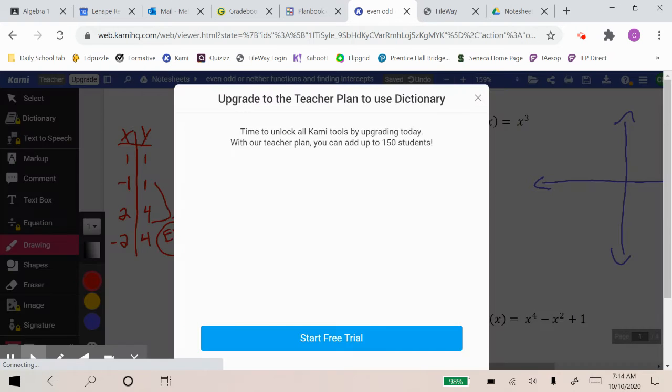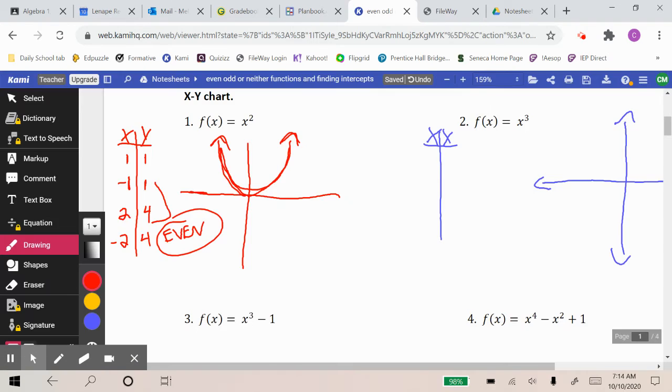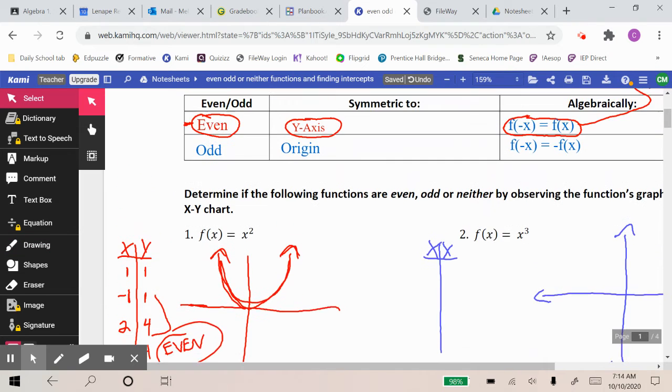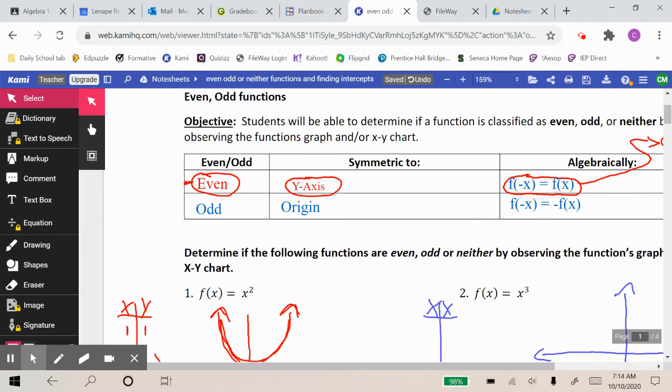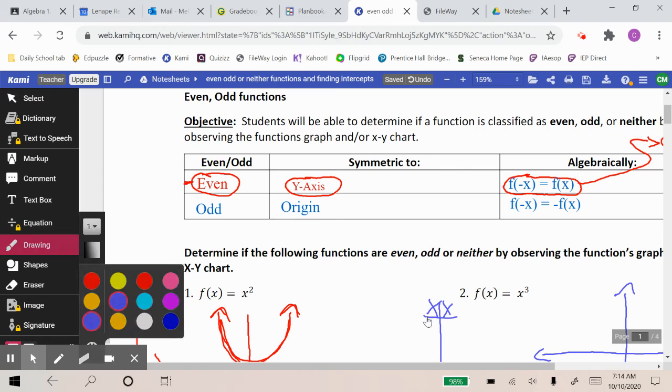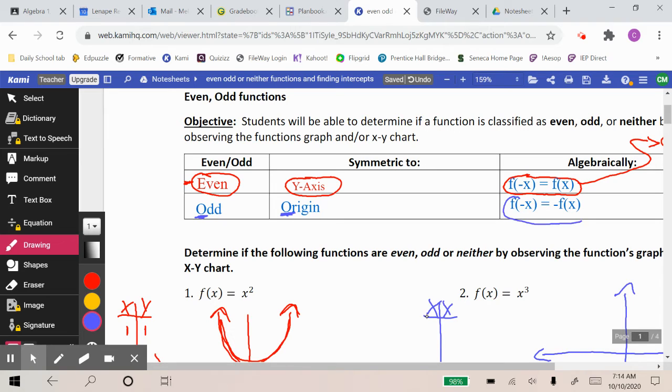Now if I go up and look at what's in the blue here, the odd functions, I always think of the O's. An odd function is going to be symmetric to the origin. And what happens is, if you plug in a number for x and its opposite, the y values are going to be opposites. So I think of the O's: odd, symmetric to the origin, begins with an O, and you get opposites.